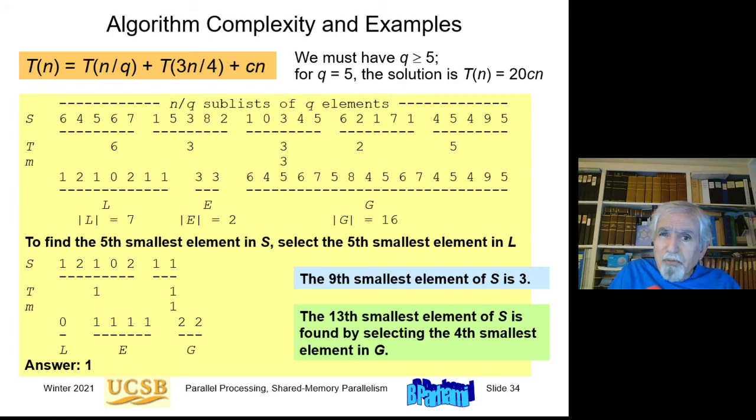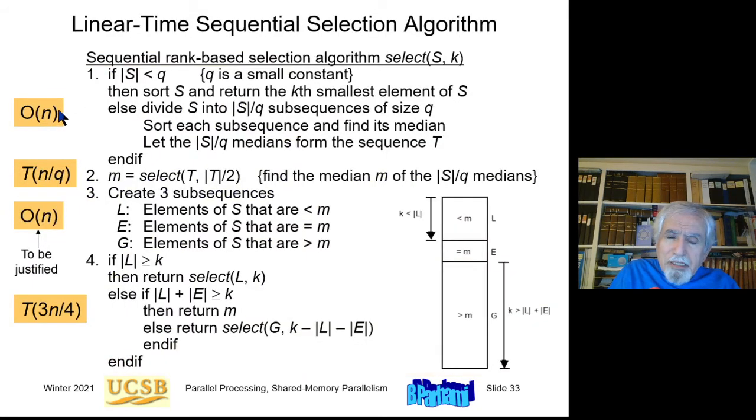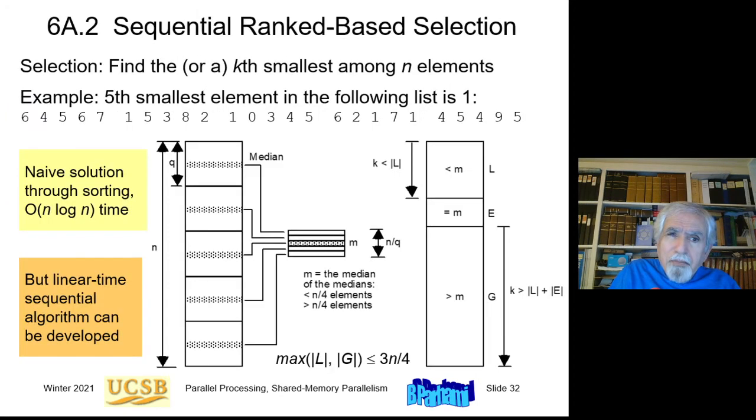And if Q is equal to 5, then the solution will be 20 times Cn. I leave this up to you to justify. So it's some linear factor. Of course, 20 is a pretty large constant, and C from the previous slide is at least 2 because this is linear time and this is linear time. Okay, so at least 2n.